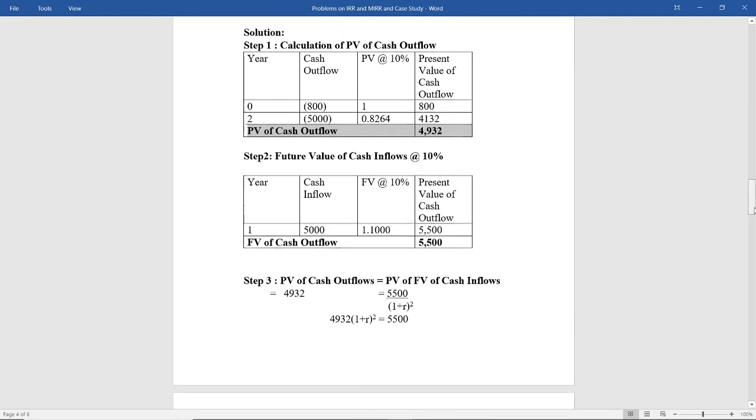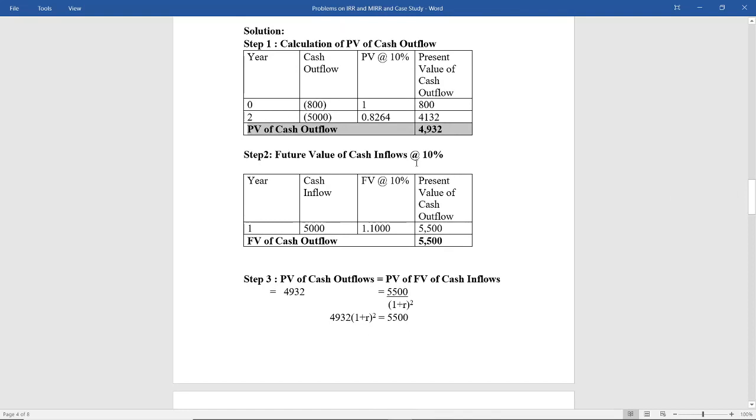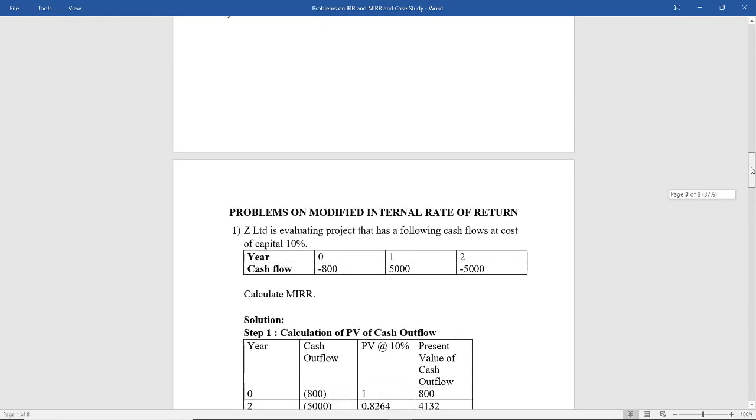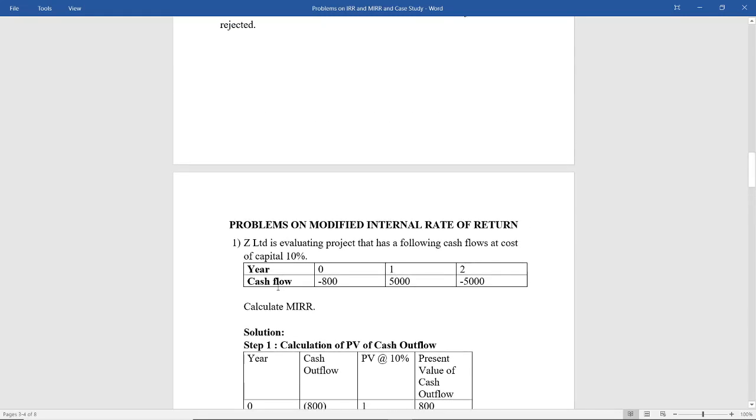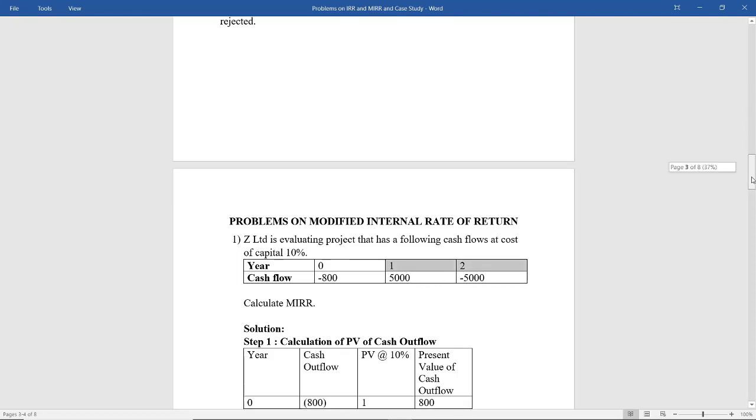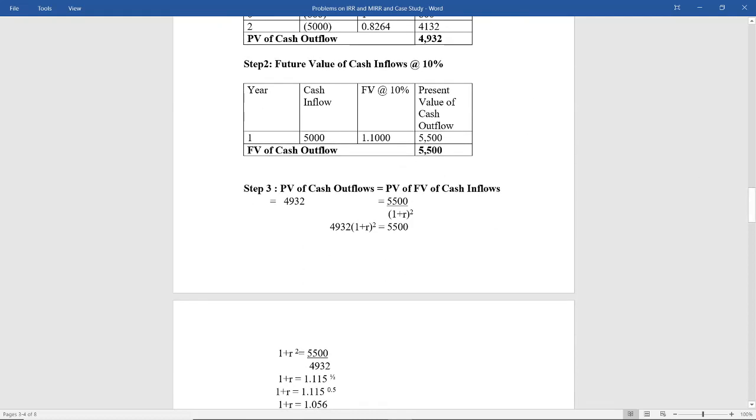Now you have to calculate the future value of cash inflows at the rate of 10%. Always remember, in future value you have to go in reverse. Reverse in the sense that for present value you go from year 1 onward, but in future value you have to go from the last year back to year 1. So how many years are there between 1 and 2? There is only 1 year. So you are going to find the future value of a single cash flow at 1 year.